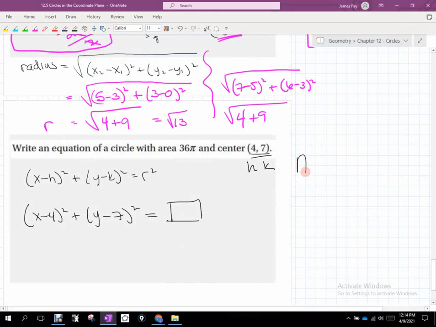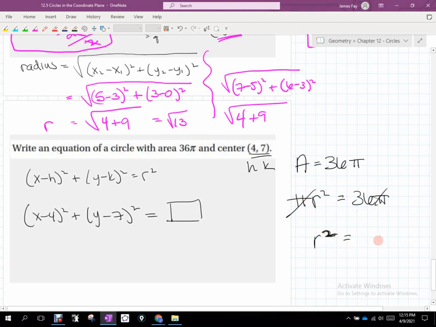Okay, so if area is equal to 36 pi, okay, so the area formula is pi r squared should equal 36 pi, right? That makes sense? What happens with these pi's? They cancel out. So r squared ends up being what? Careful.